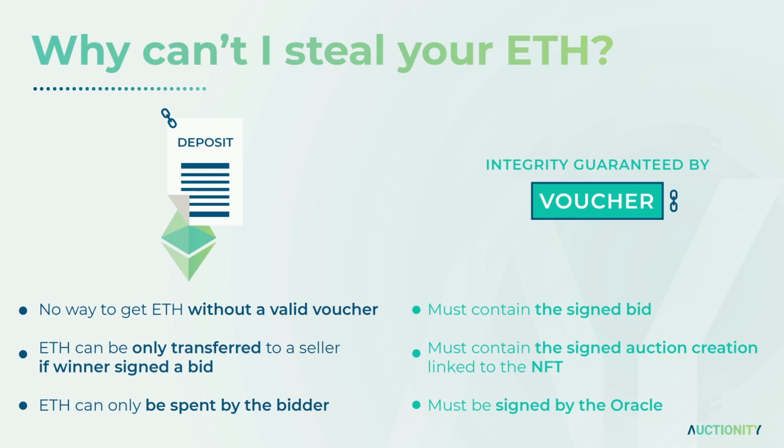As a seller, if you never sign the auction creation with your private key, your token is safe. And as a user of the sidechain, if the oracle does not validate this with its signature, you are sure that it's not a forged voucher by some malicious bidders and sellers. And that's how we guarantee to you that we can't steal your Ether.